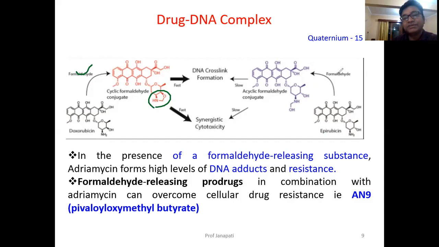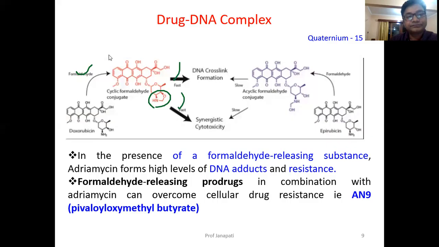Even with epirubicin, you can see it. This is the advantage of formaldehyde releasing substances. Nowadays, they are combining them with doxorubicin. Especially with doxorubicin, you can see it is very fast.